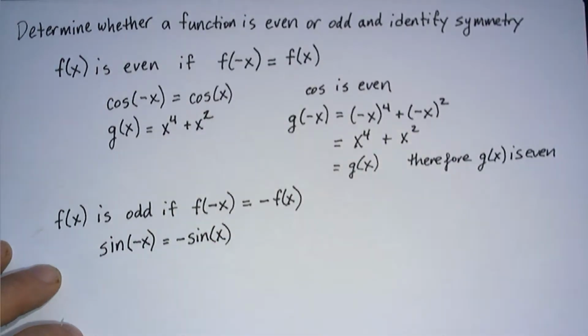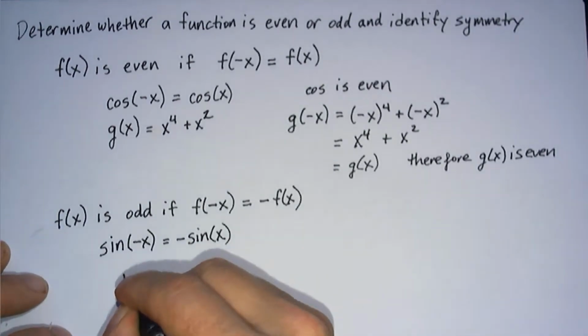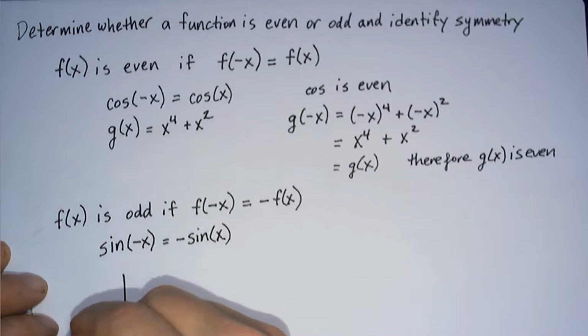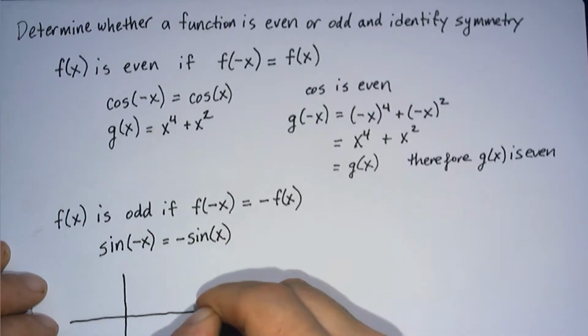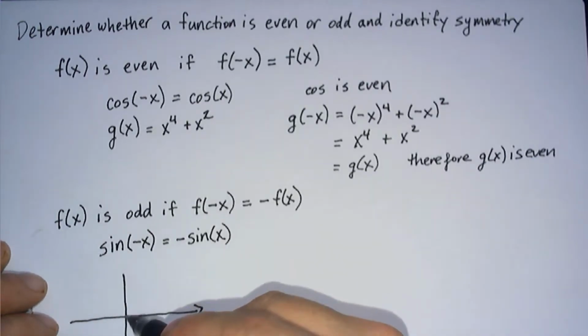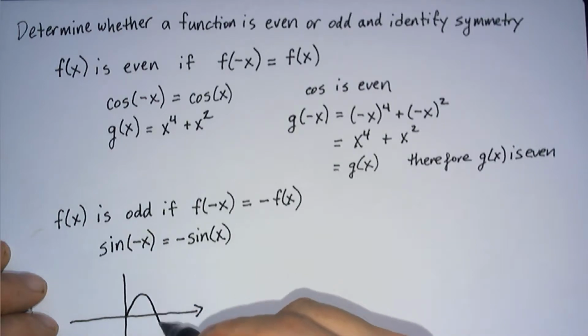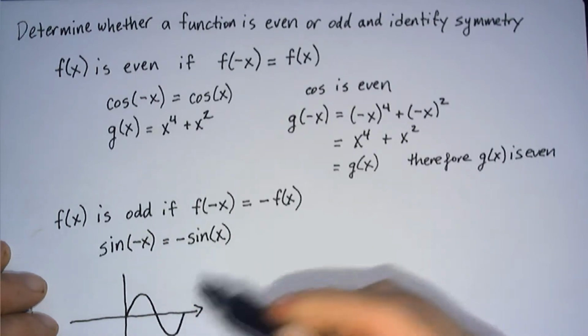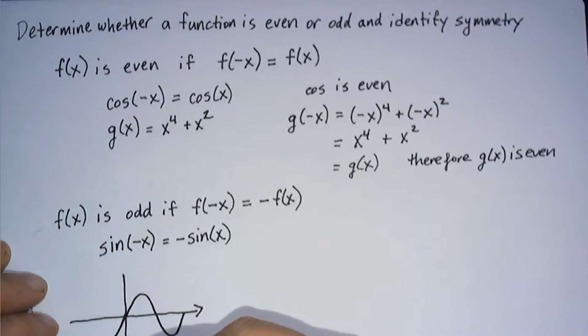And we can show this on the graph. I'm going to graph both of these kind of crudely. So if we have sine x, it looks like this, just a crude graph here.